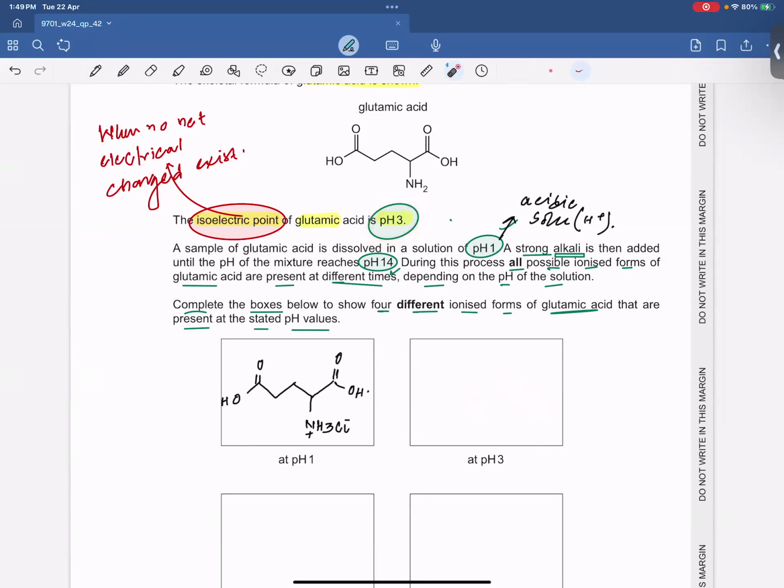That means COOH and this NH2 will go into internal acid base reaction, and as a result you will get zwitterionic form. This is going to be NH3 plus, and this is going to be COO negative. So it is zwitterionic form because this plus neutralizes the minus, so technically no net charge at pH 3. Okay.